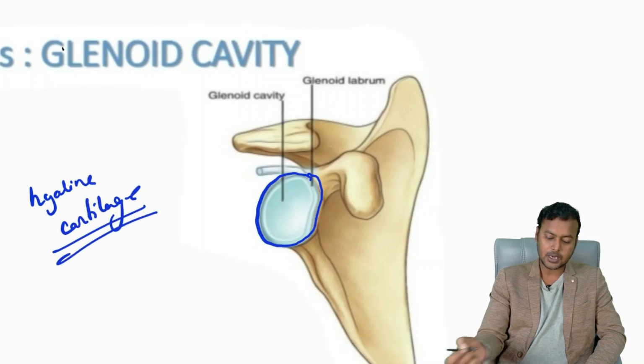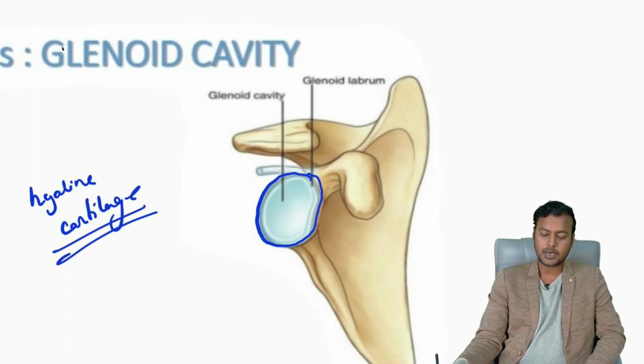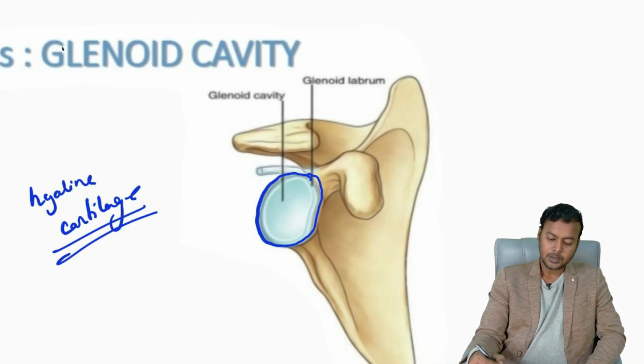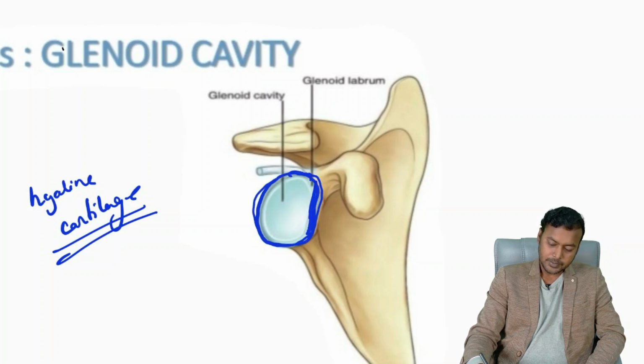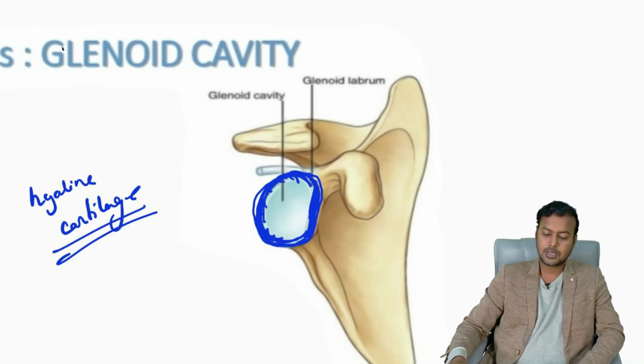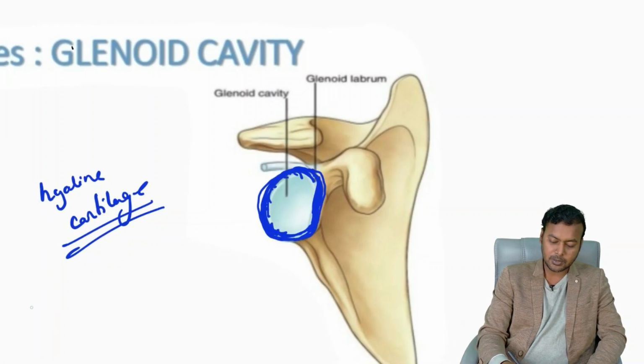Since it is an articular surface, it is lined by the articular cartilage. Now students, this glenoid cavity, along its margin, has a thickened rim-like projection. This thickened rim-like projection is made up of fibrocartilage.